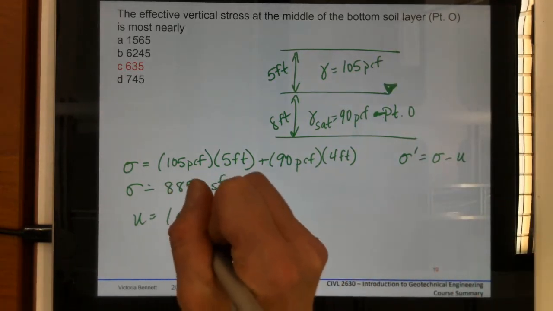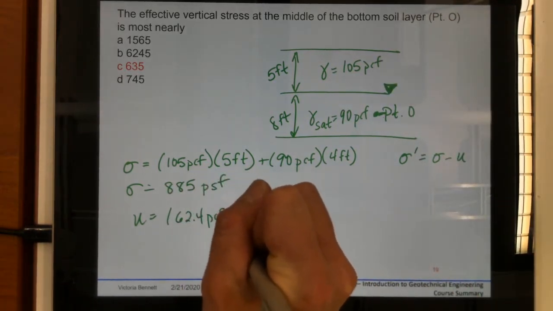What is the unit weight of water in pounds per cubic foot?